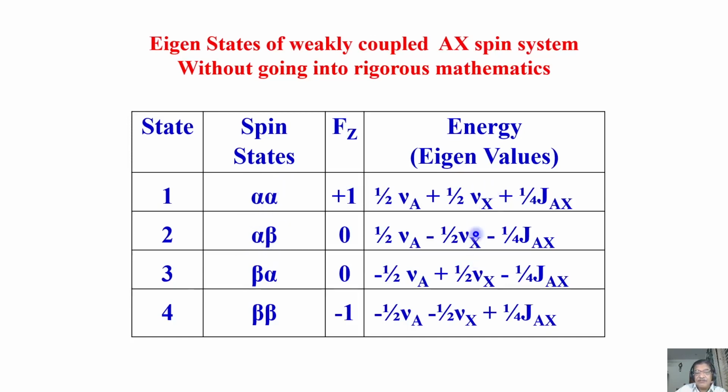Now take the difference of these two. When I take the difference, this will get cancelled out. The half nu X plus half nu X, when I take the difference, becomes nu X, and 1/4 JAX minus of minus becomes half JAX. So one peak is at the chemical shift of the X spin plus half of JAX. One peak has moved to the right by half of JAX.